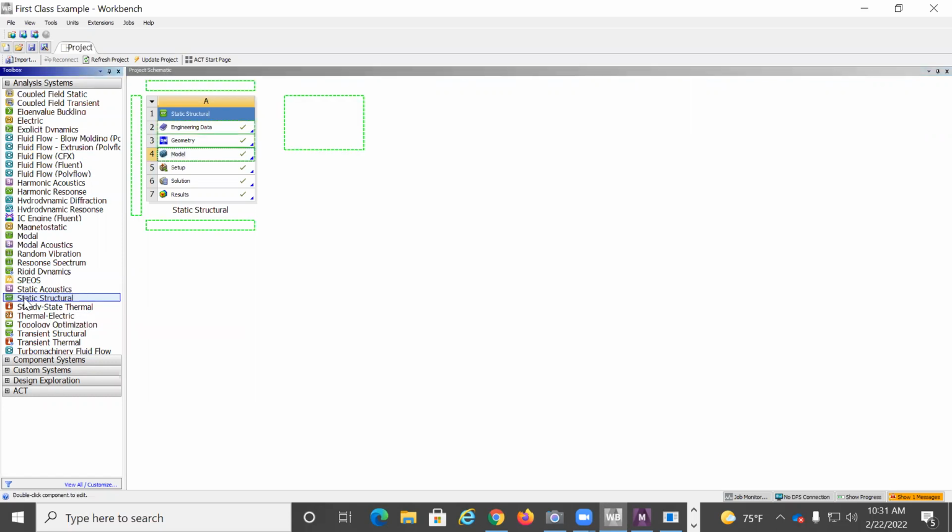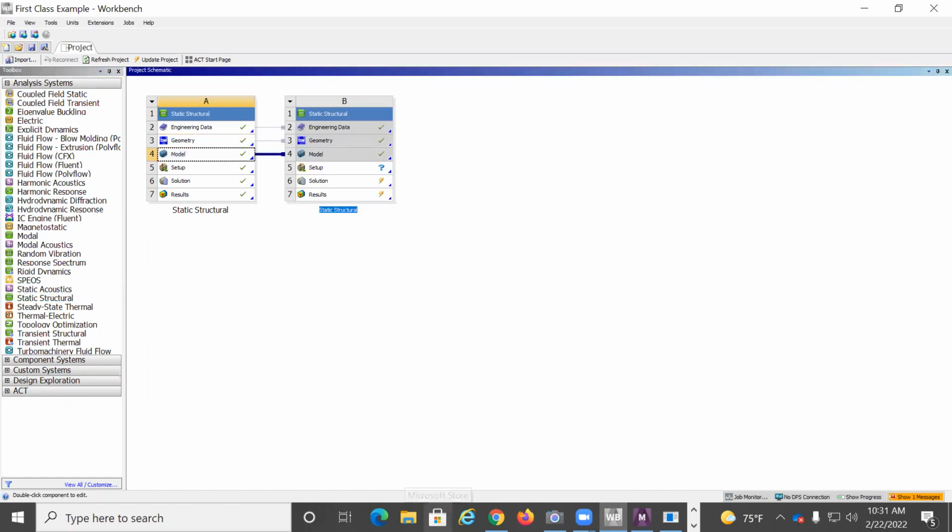I'm going to select it and grab it such that I am reusing the model. So I can come here with this static structure. I can call this one axially loaded. And I can come to this one and change its name, rename it, and call it beam in bending.